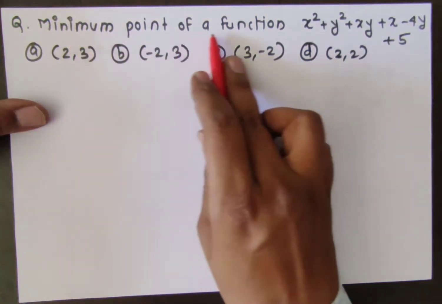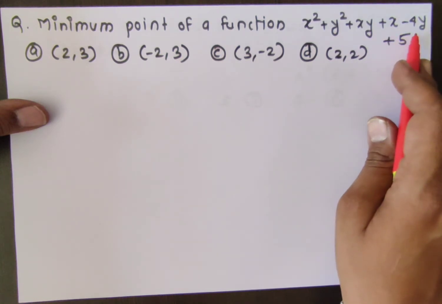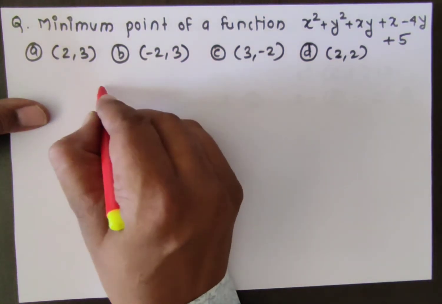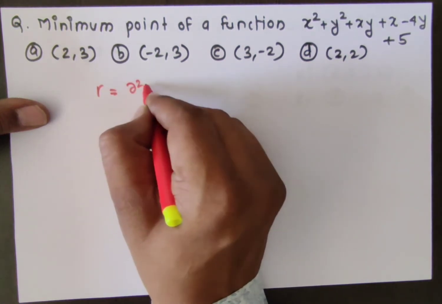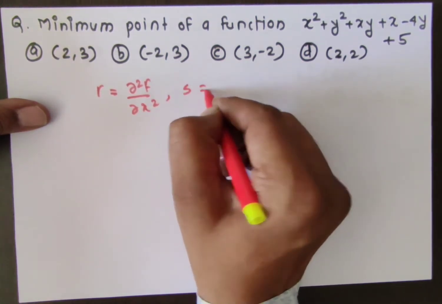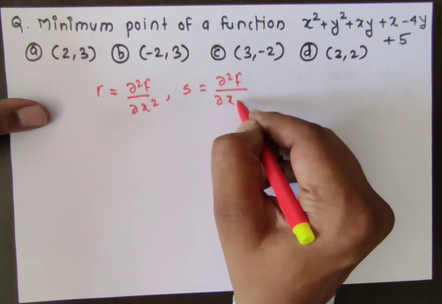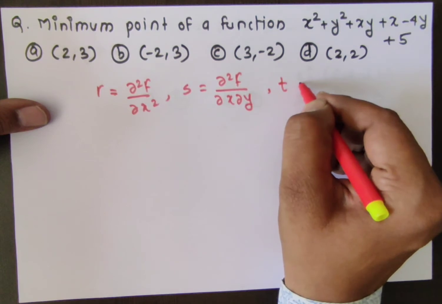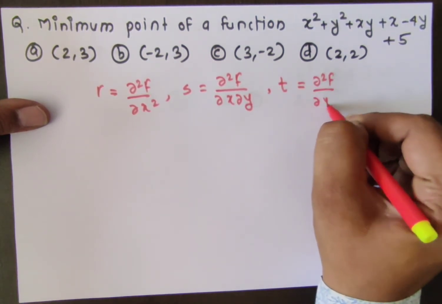What will be the minimum point of a function x square plus y square plus xy plus x minus 4y plus 5? Again we need to find the value of r. What is the value of r? r is equal to del square f by del x square, s is equal to del square f by del x del y, and t is equal to del square f by del y square.